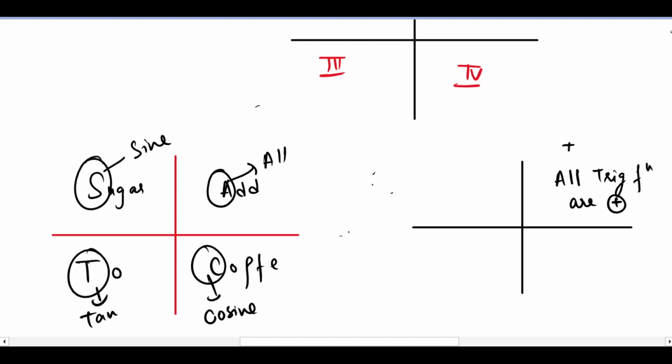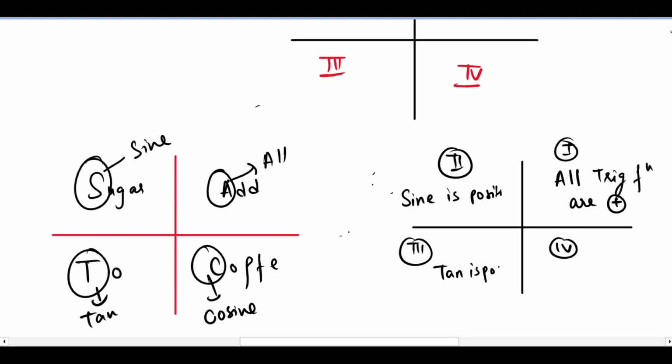In the second quadrant only sine is positive. In the third quadrant only tan is positive, and in the fourth quadrant only cosine is positive.